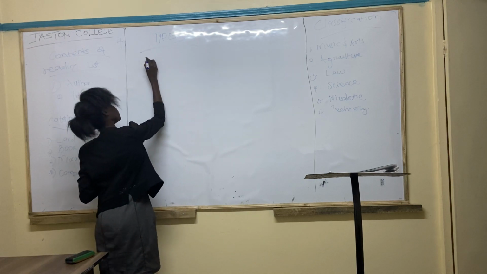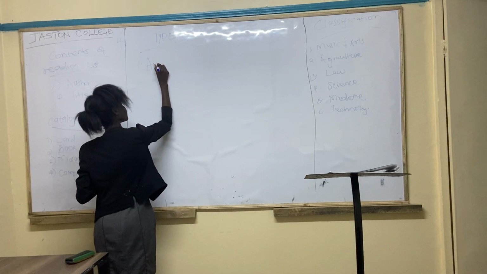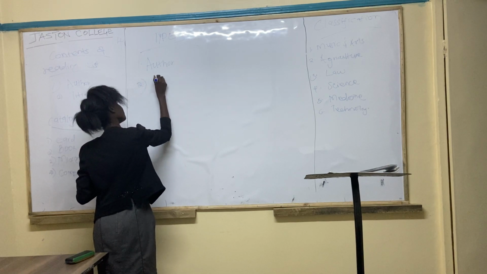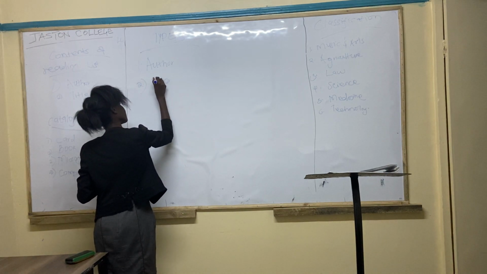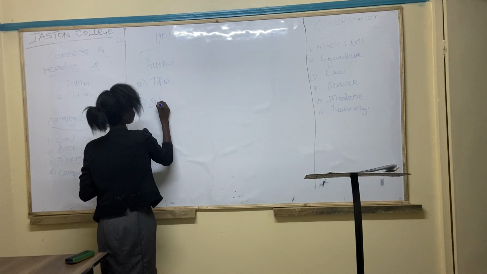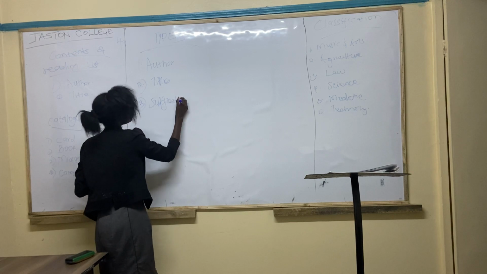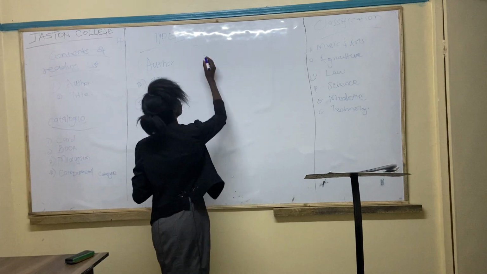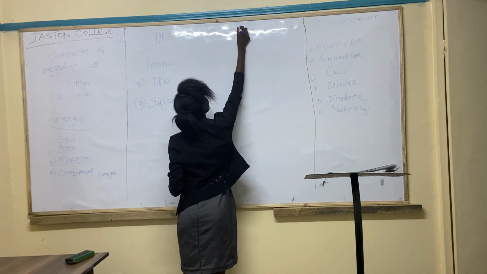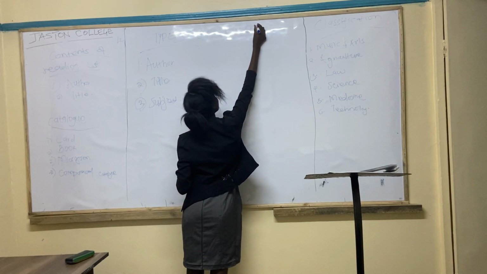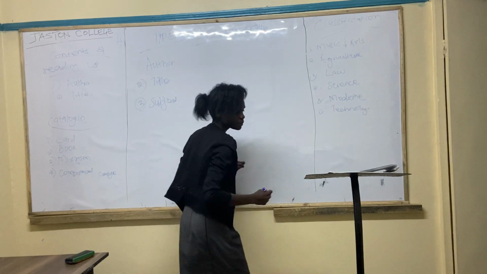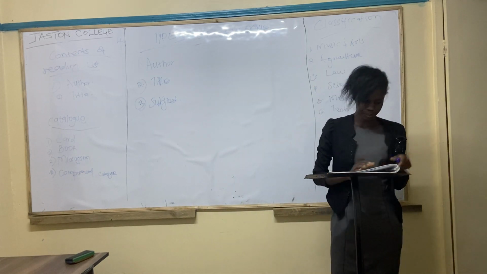We have the author, we have the title, and we have the subject. Those are the types of catalog.